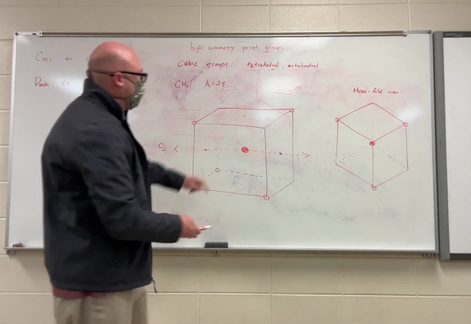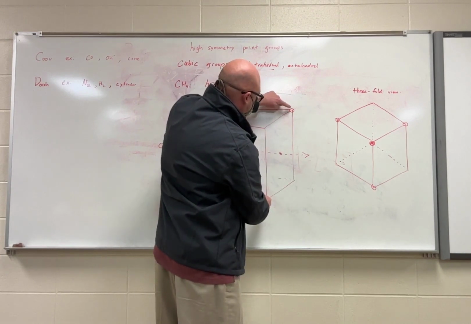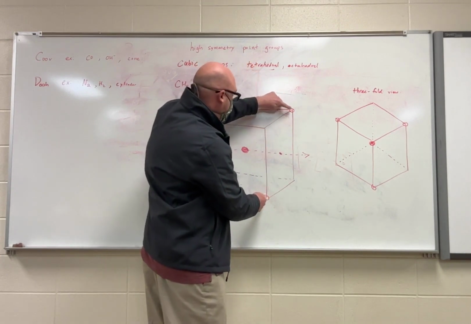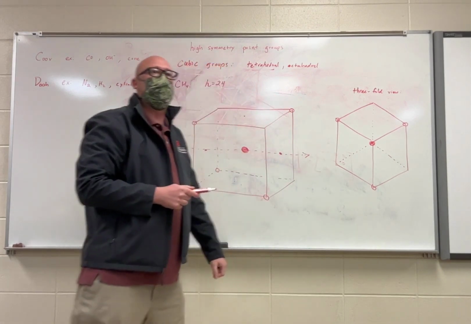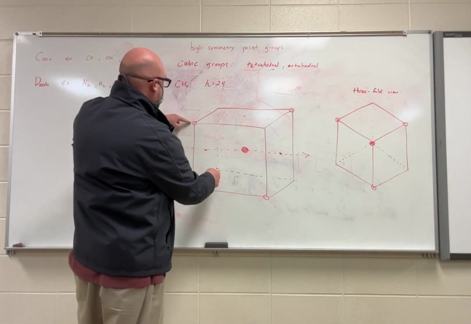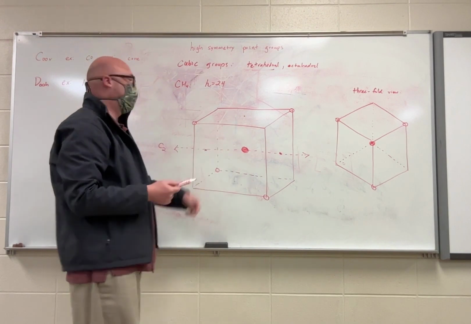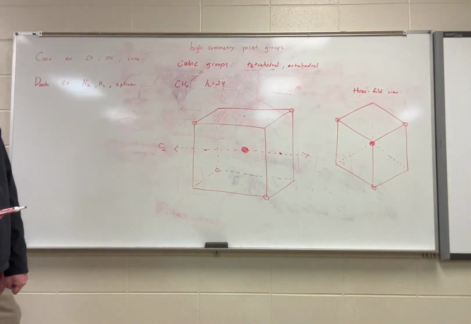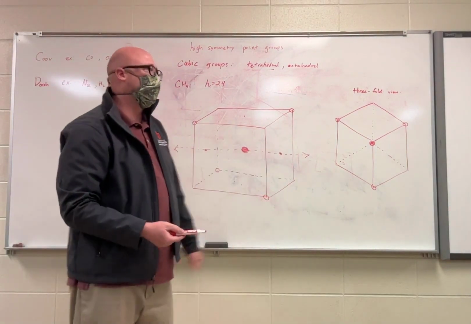If I just take this square face, if I perform a 180-degree rotation about the axis I just drew, those two hydrogens exchange position, as do these simultaneously. And this remains unchanged because it's in the axis. And it turns out there are three mutually perpendicular C2s.